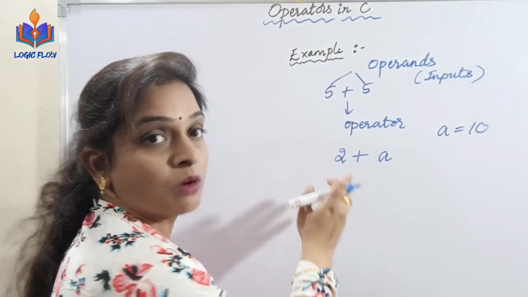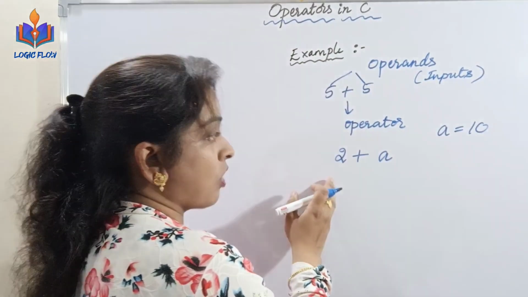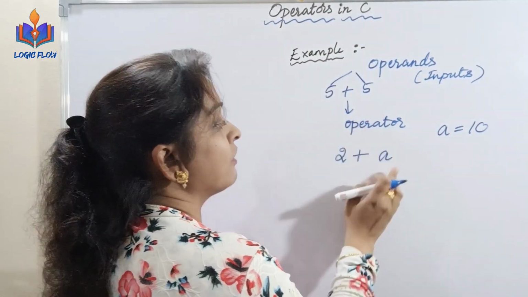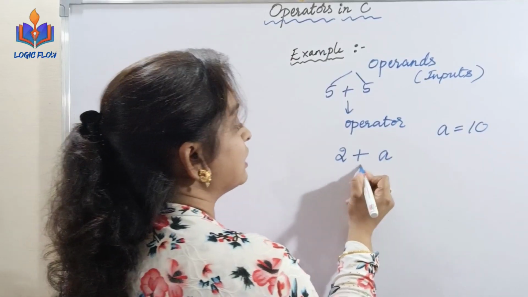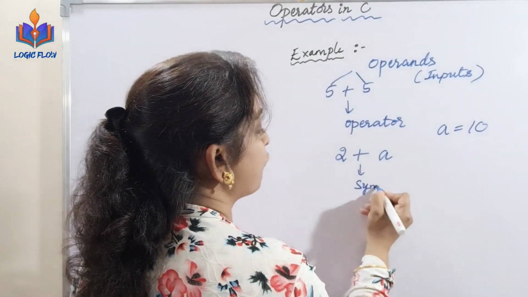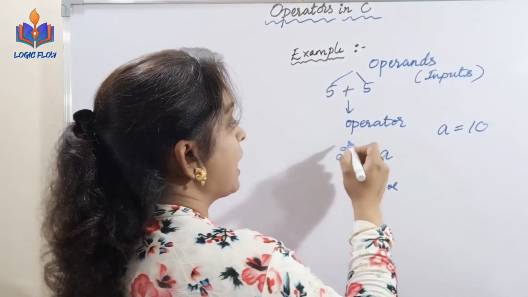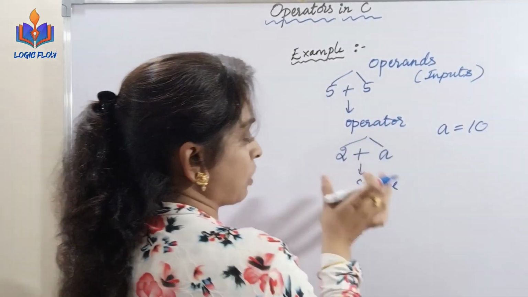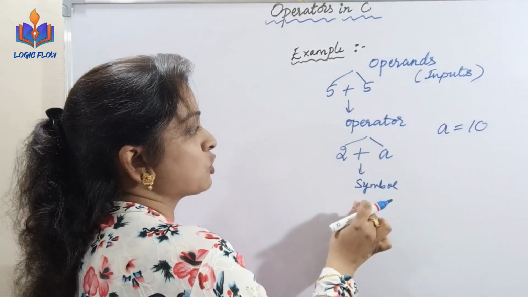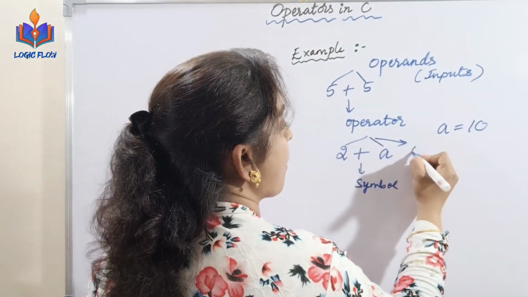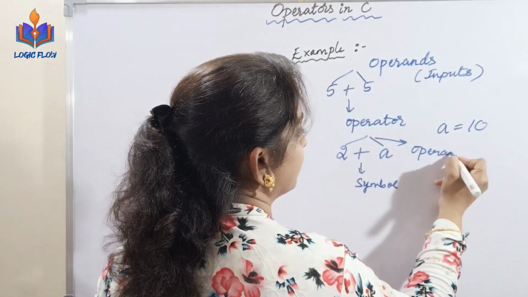So plus is the symbol that is performing the addition operation, and 2 and a, which we provide to perform this addition operation, are called operands.